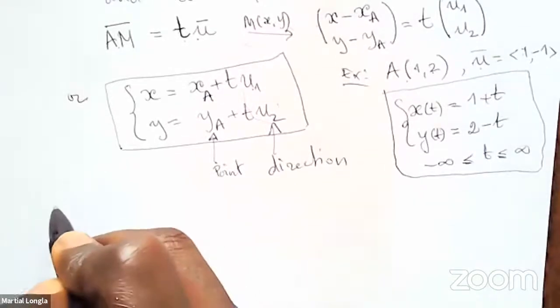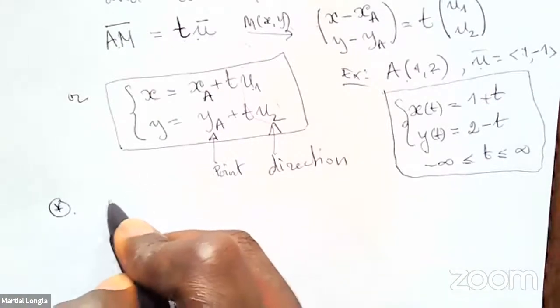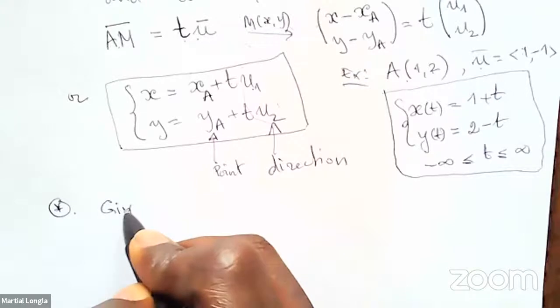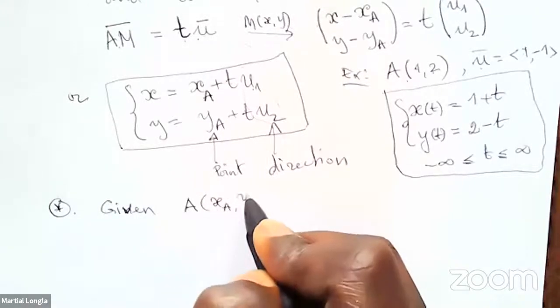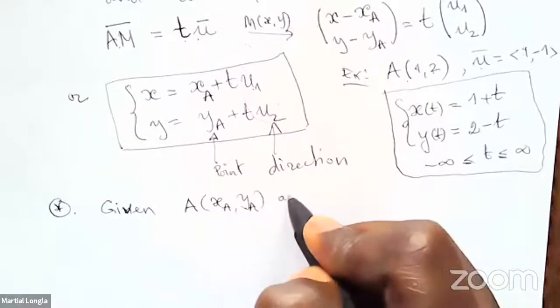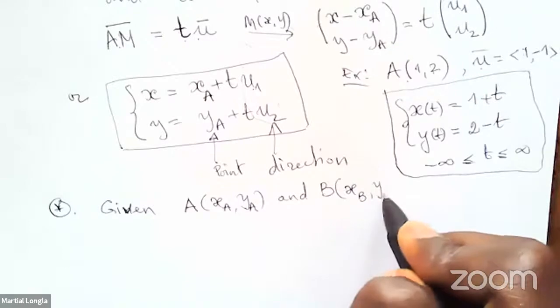And the second problem there is if you are given A with coordinates xA and yA, and B with coordinates xB and yB.